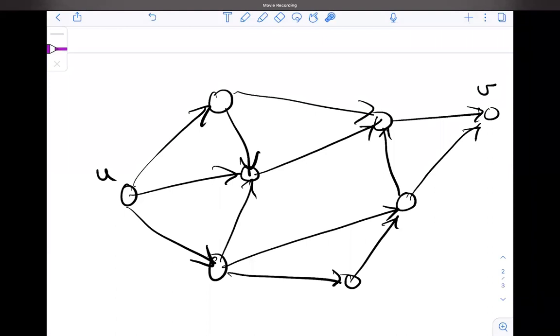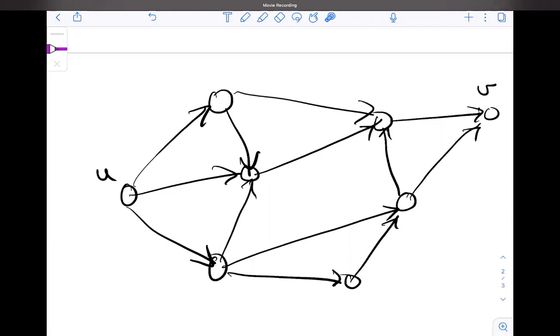You ask your friend in Bombay, what is the cheapest flight cost from Bombay to New York? Your friend says some number, say $1,000. You ask your friend in Dubai, what is the cheapest flight cost from Dubai to New York?